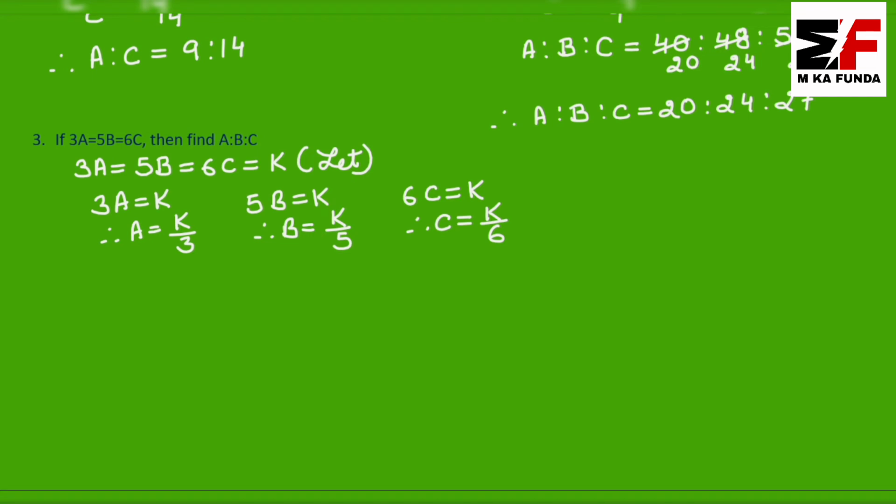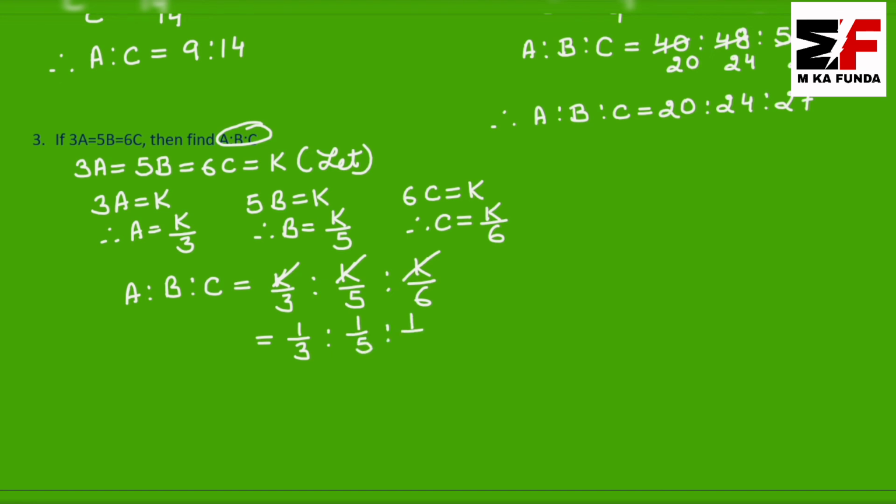Now, since we have to find the value of a is to b is to c, so we write here a is to b is to c is equal to k upon 3 is to k upon 5 is to k upon 6. So all the k's will get cancelled. So we get 1 upon 3 is to 1 upon 5 is to 1 upon 6.